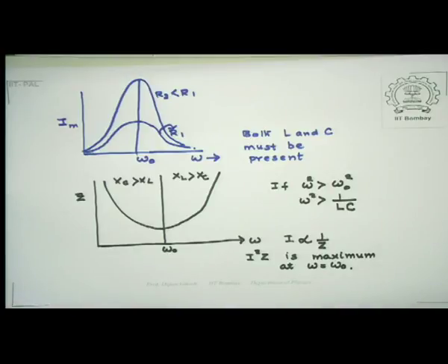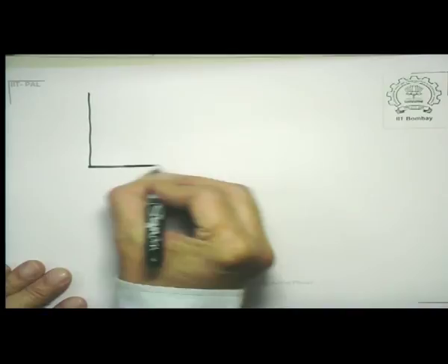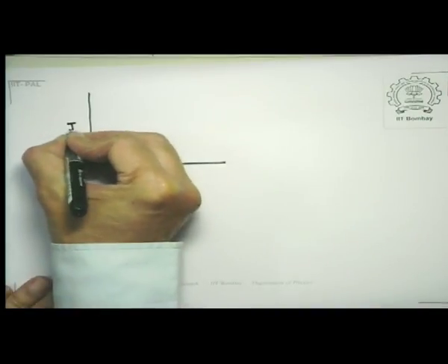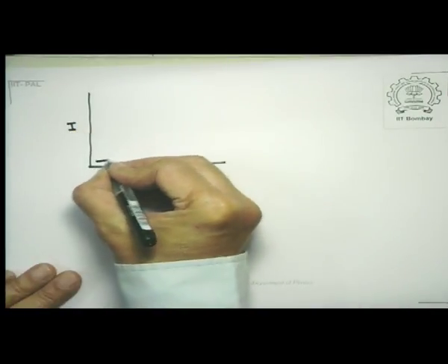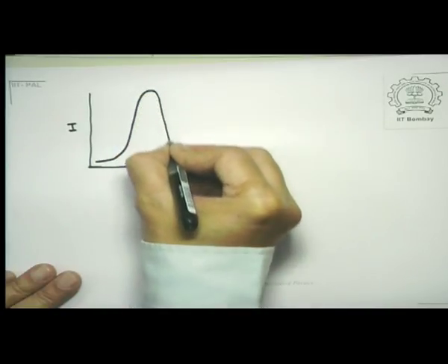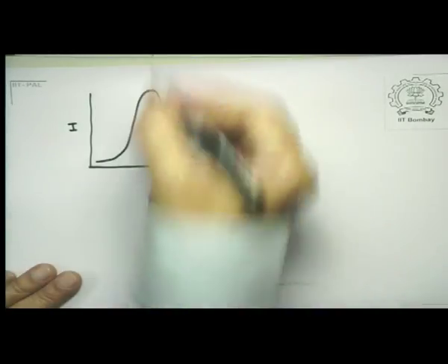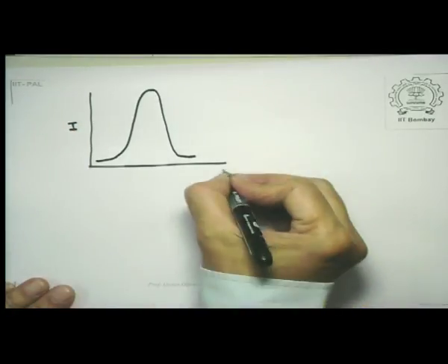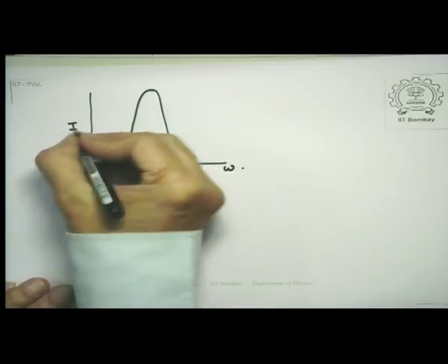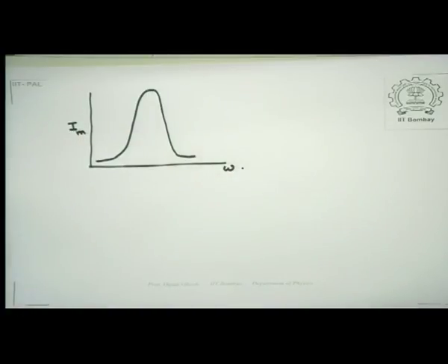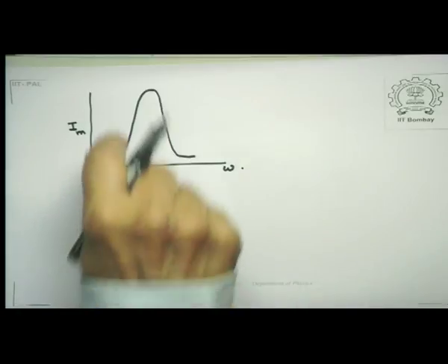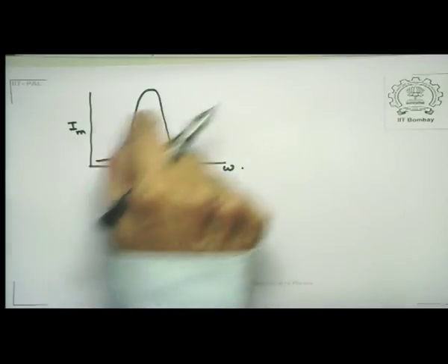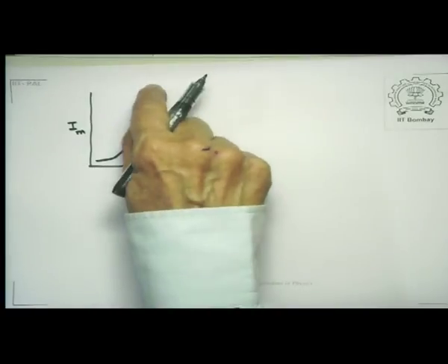So let's look at that picture again. So this is my current, and this was the resonance. This is the way the Im varies with omega. Let me call it Im because I'm still talking about maximum current, and this is the value of Im, and this is actually the maximum as a function of omega.